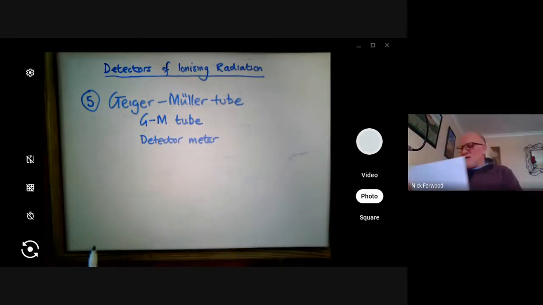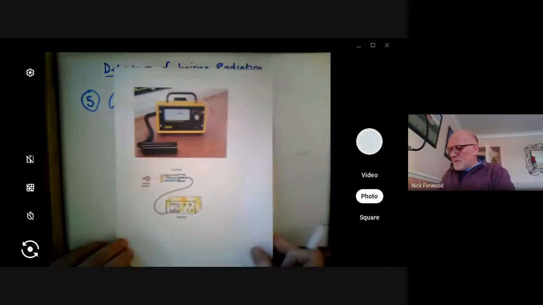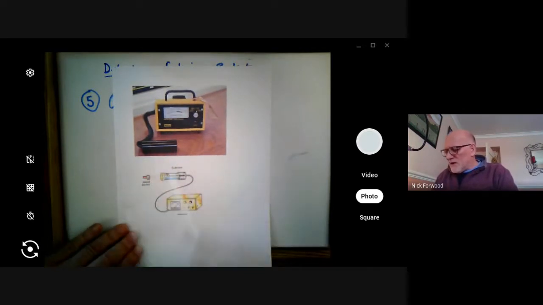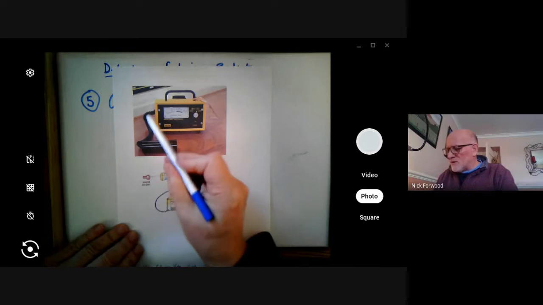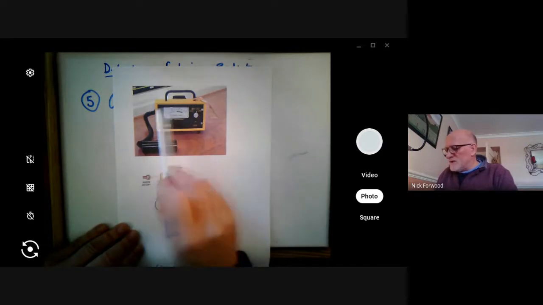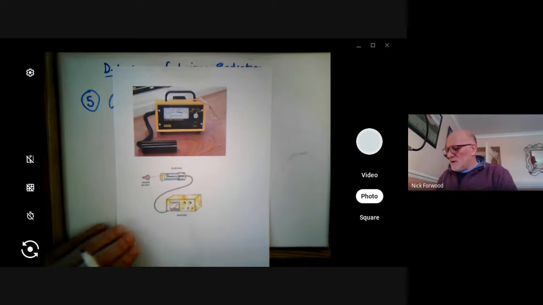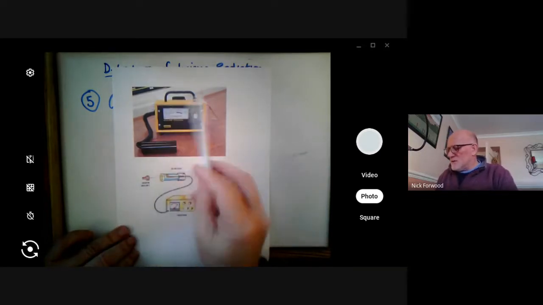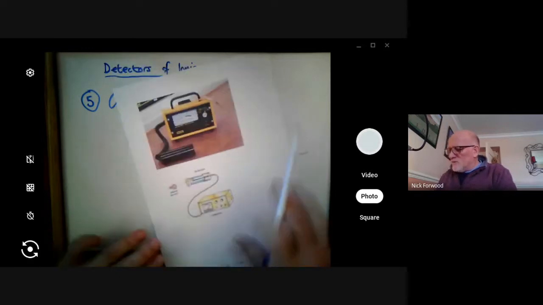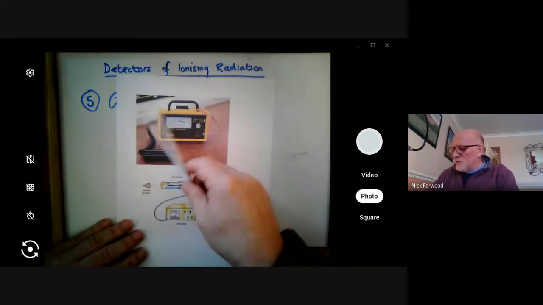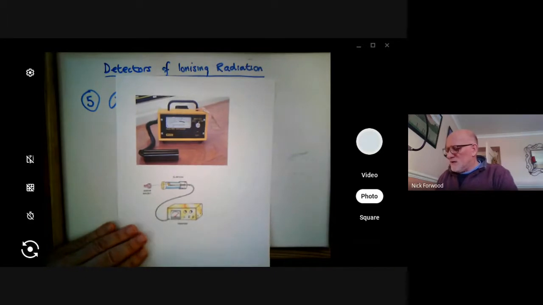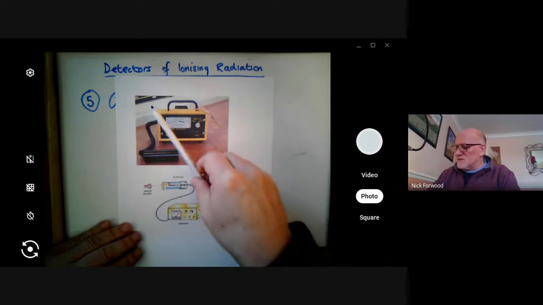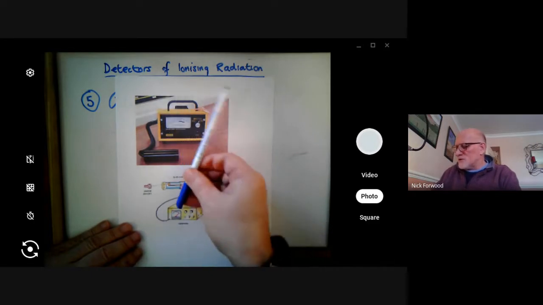So here is a picture of a Geiger-Muller tube connected with a cable to a detector meter, a counter, and the counter's got a little dial on it, and the needle on the dial will move across. If it's not detecting any radiation, then the needle will stay at the left-hand side, and if it's detecting lots of radiation, the needle will go across to the right-hand side.